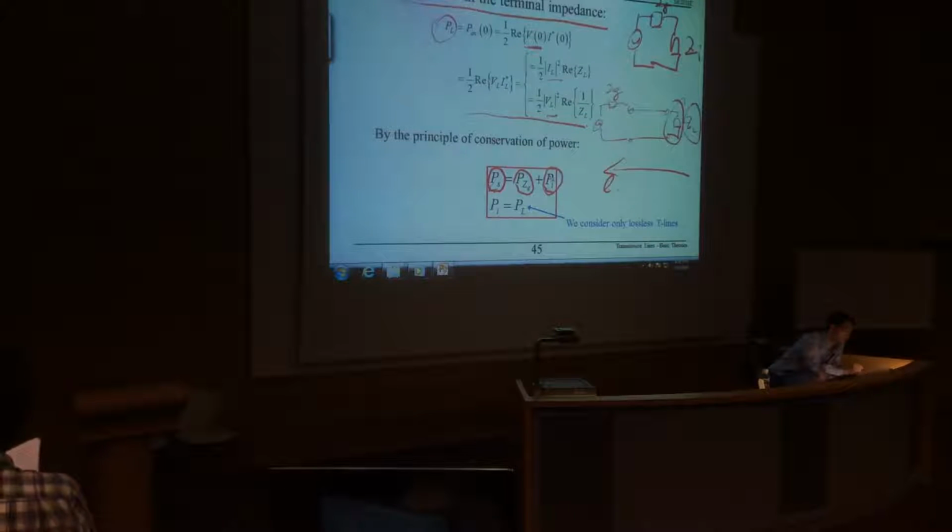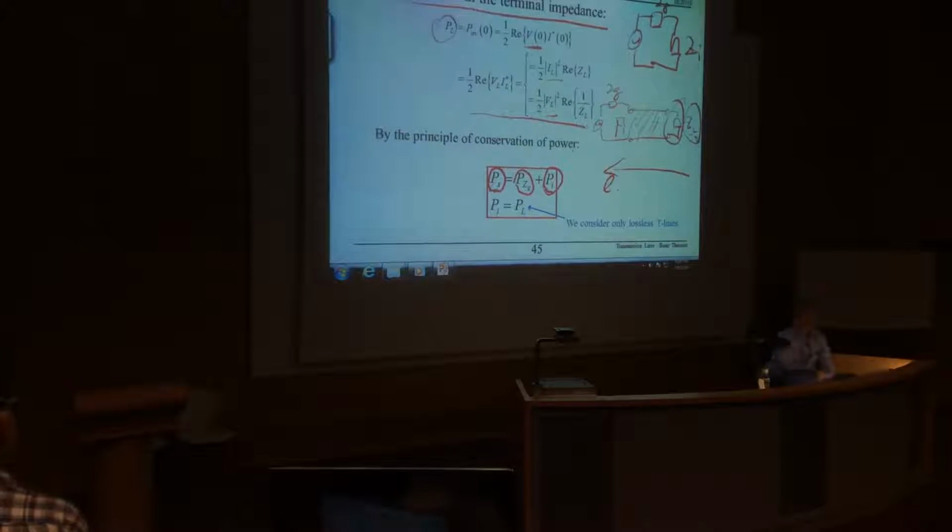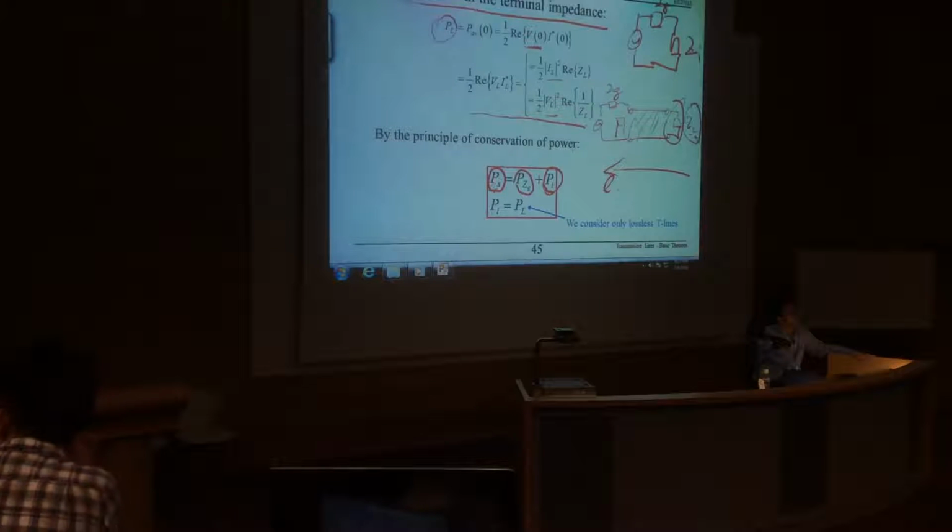Now this input power, actually this is a lossless transmission line. Input power means input power will be 100% transmitted to the load. Then you could ask, how about the reflective power?